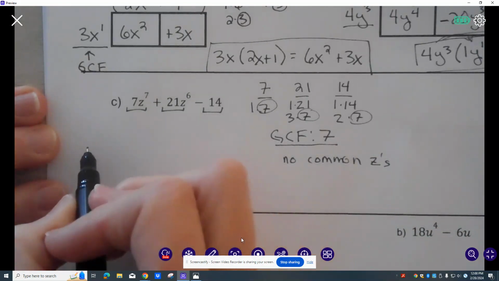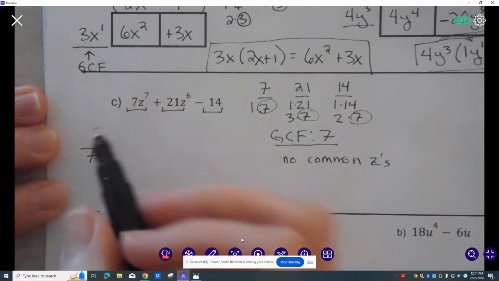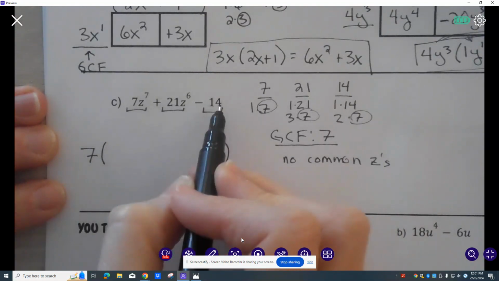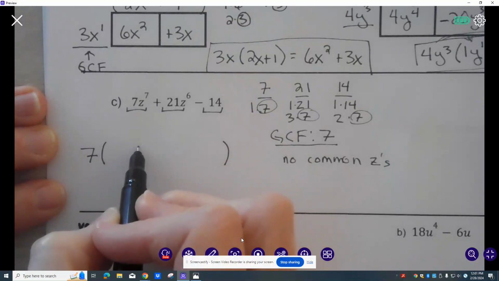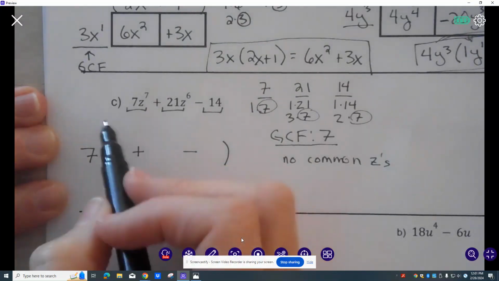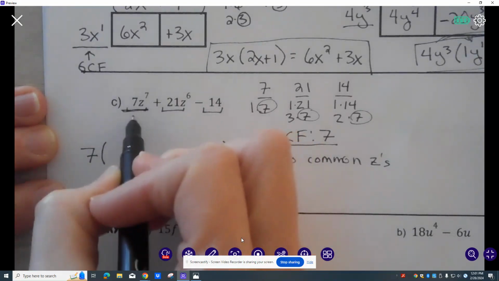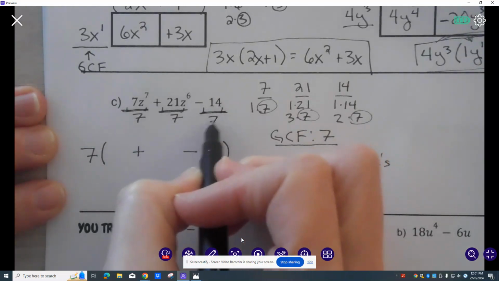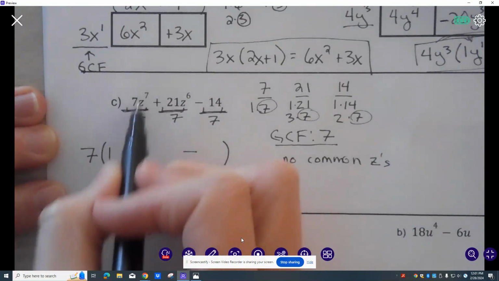So in this one, I'm going to show you how you would do it without the box. If you like the box, you can draw it in. I know I'm factoring a 7 out of a trinomial, so my leftovers will be a trinomial. I'll have a plus here and a minus here. And in this case, all I need to think is factoring is the same as dividing, so I'm dividing each of these terms by my greatest common factor, which is a 7. 7 divided by 7 is 1.